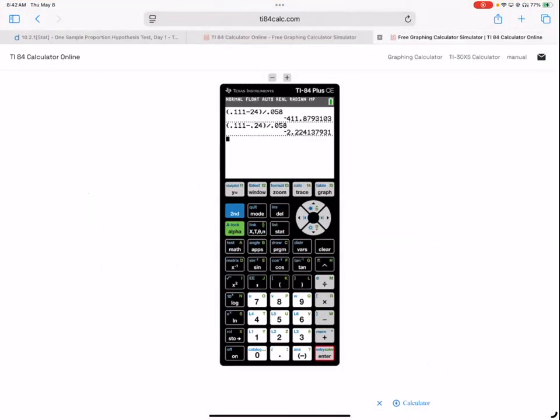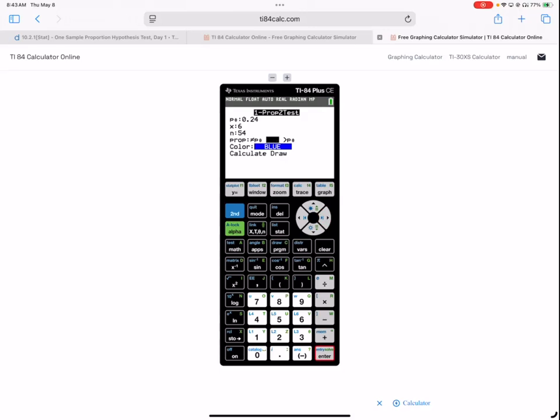So stat, test, number 5. P0 is 0.24, the null hypothesis. X is how many we observed, 6. N was 54, and the symbol was less than.